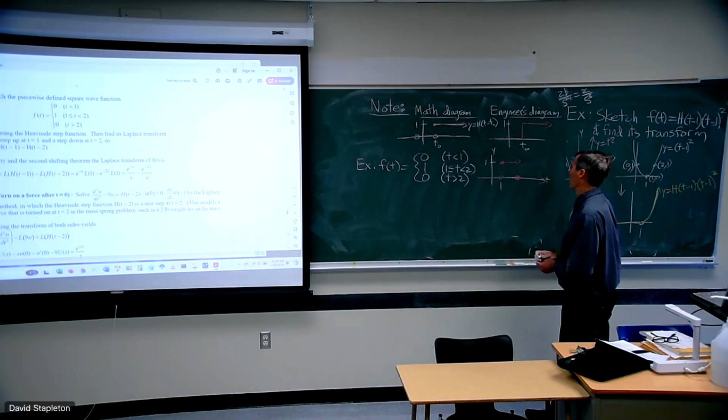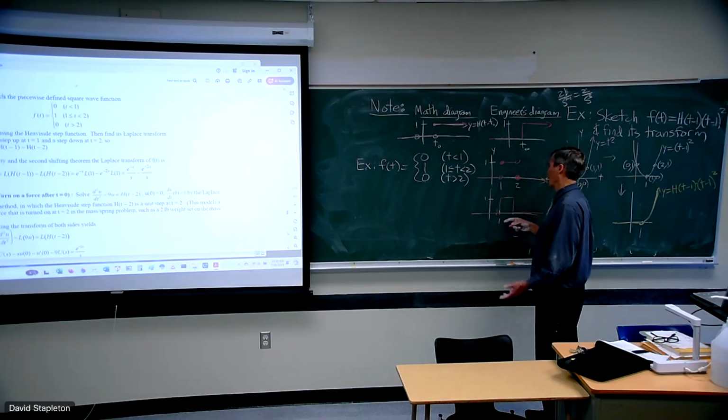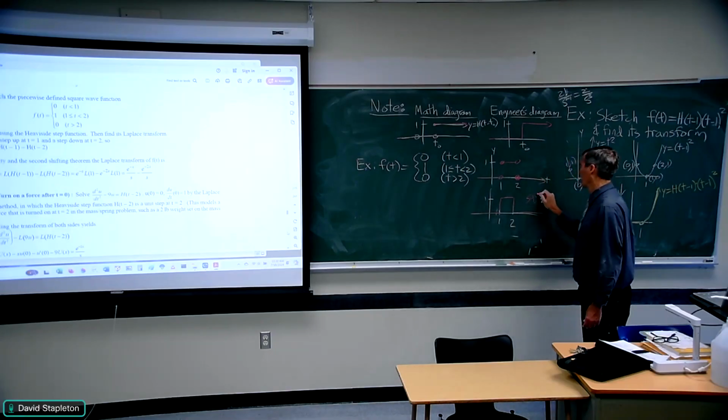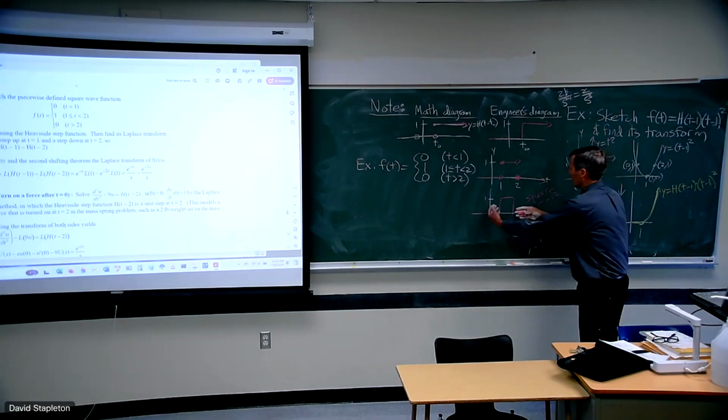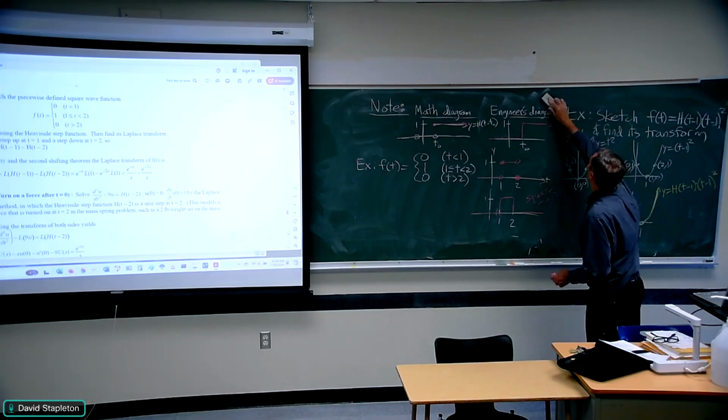And so the engineering diagram looks like this, with 1 and 2 marked on the axis. And you call it a square wave, because we got a square here, even though you didn't close the bottom. All right, if you think of this as 0 not being here or something. Anyway, so there's a square wave. What is the transform of the square wave?